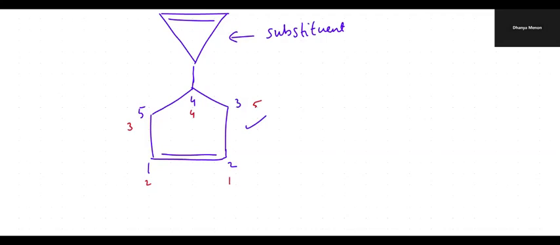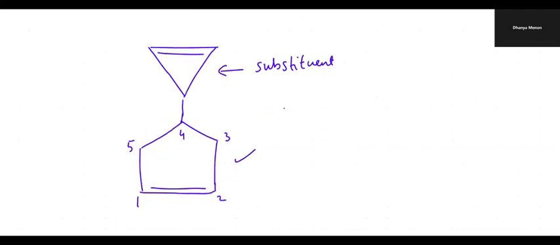So in both the cases, the double bond is getting the smaller number 1, and in both the cases, the substituent is at 4. So anyway, we can number, no problem. So the substituent is at the 4th position.